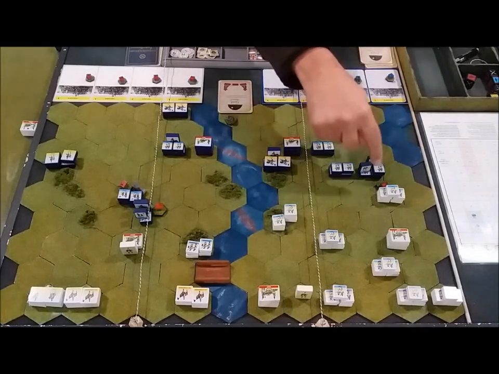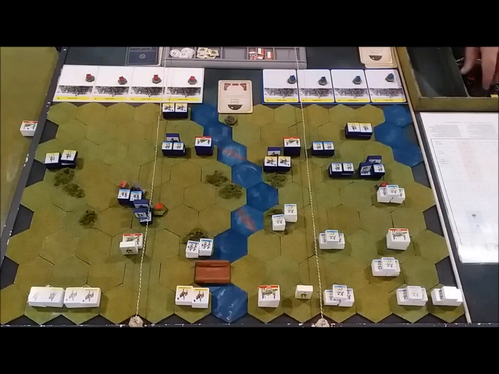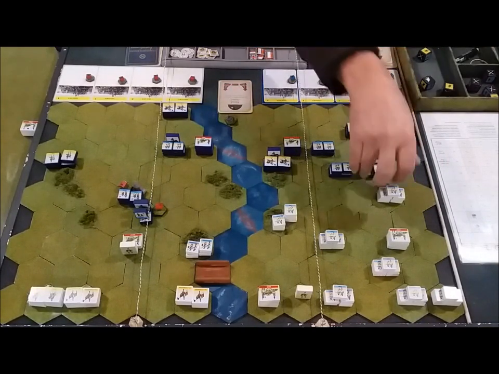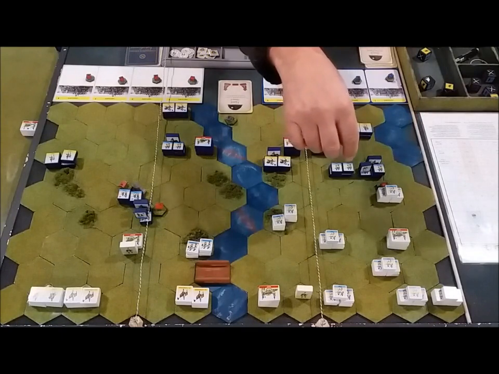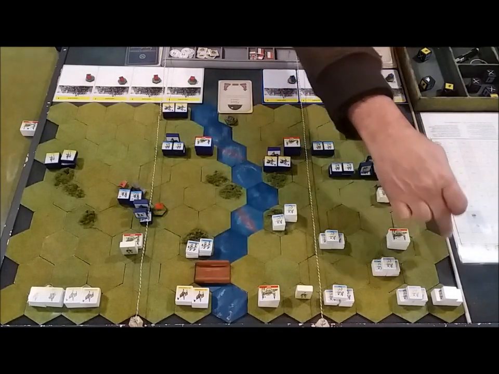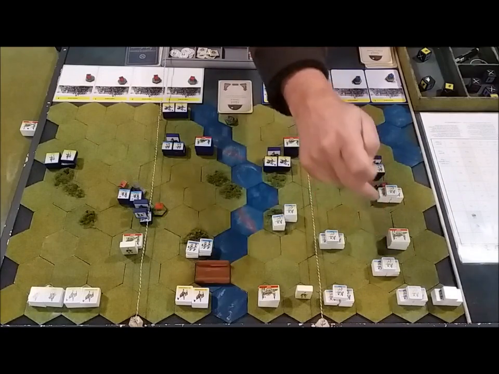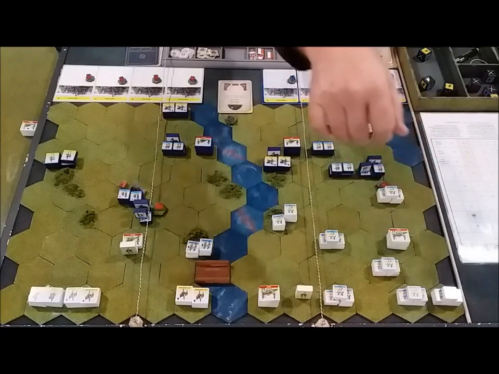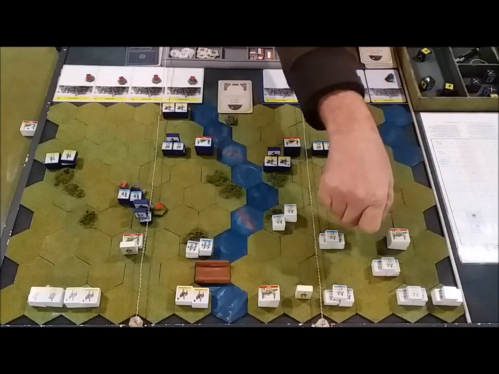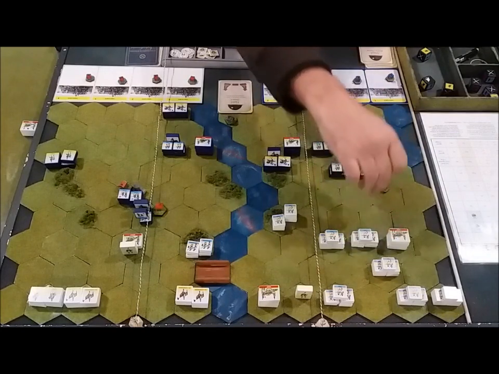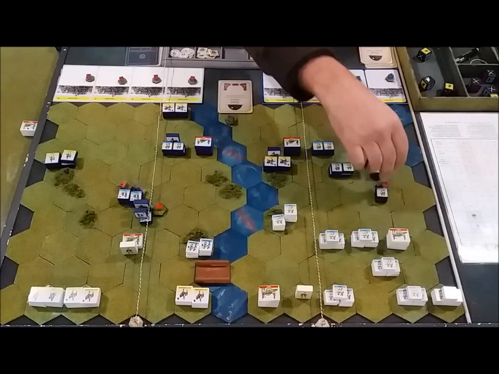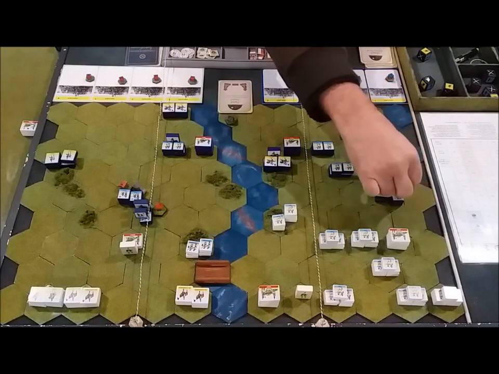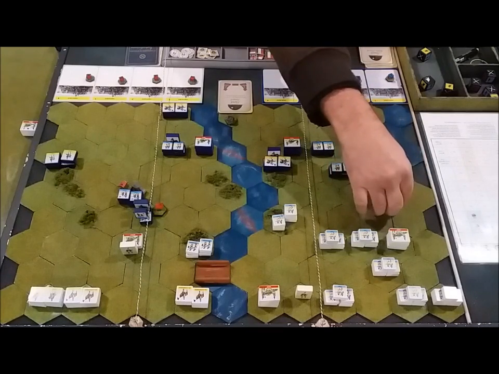Okay, this line unit meleeing into there is 1 for each block, +1, -2 is 3, and they get 1 retreat. And these guys have to go back 2. So they can come back this way, or they can come back this way. And I think they want to come back this way. Then this guy's going to move forward and go, yay team.